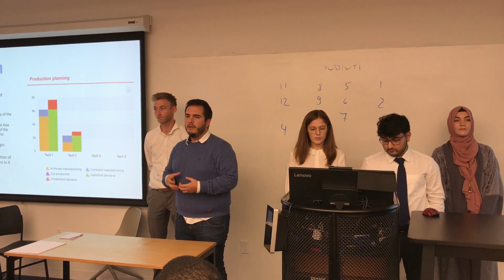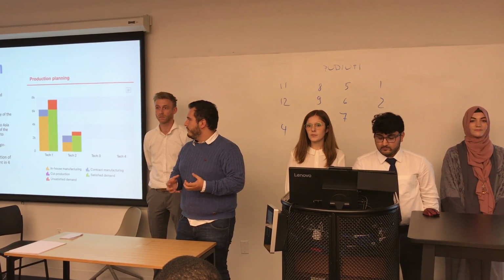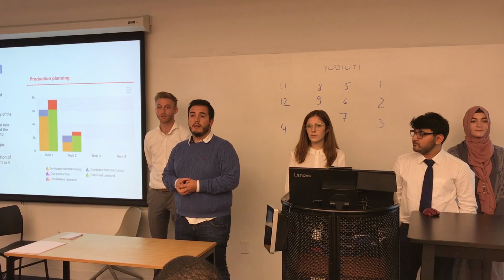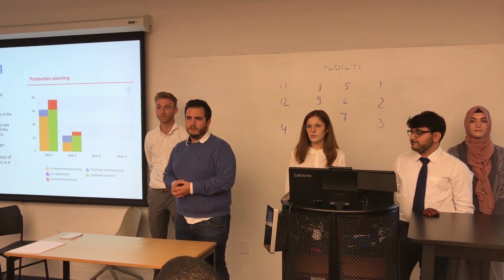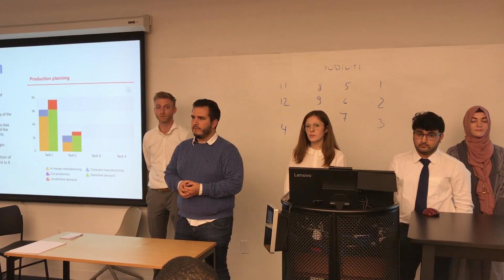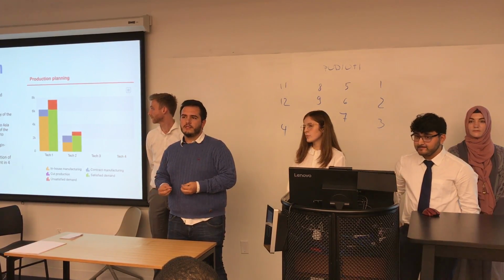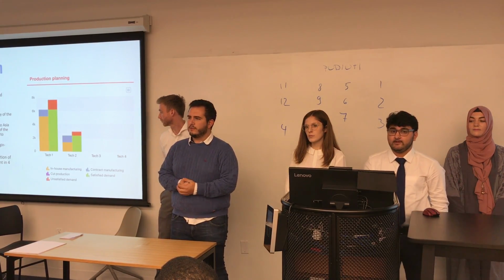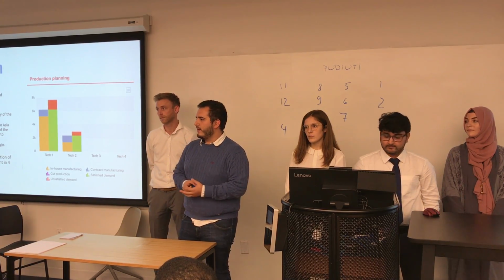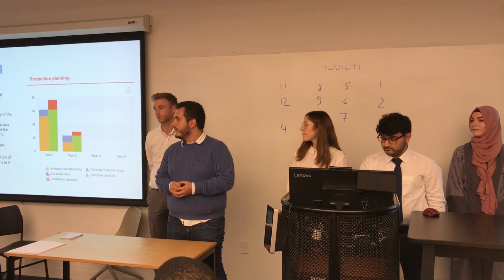Lastly, production. Based, of course, on the demand that we forecasted for Tech 1 and Tech 2, we combined and exceeded the production capacity of the company. We outsourced as much as we could, and we still had a loss of demand that we could not supply. So Tech 2 was outsourced to the US because of production costs, and Asia was doing Tech 1 because the demand for Asia was very big, and we were expecting a growth of over 25% in Asia.